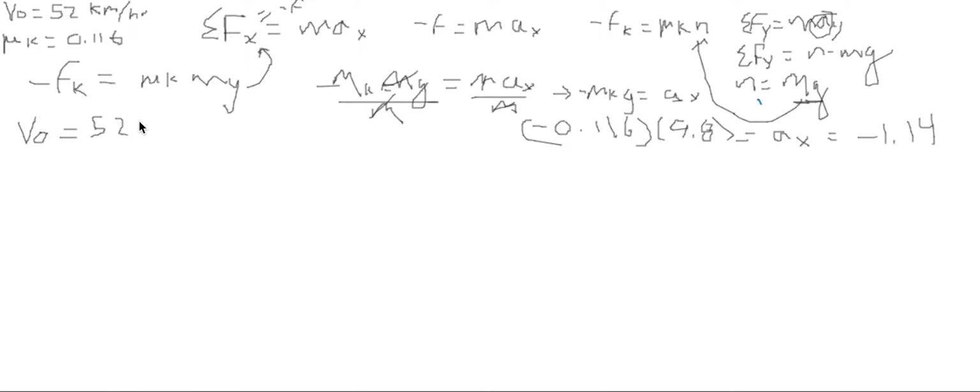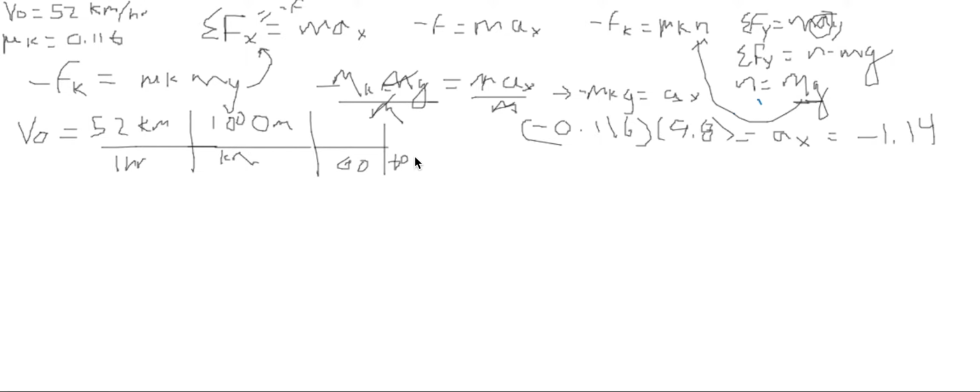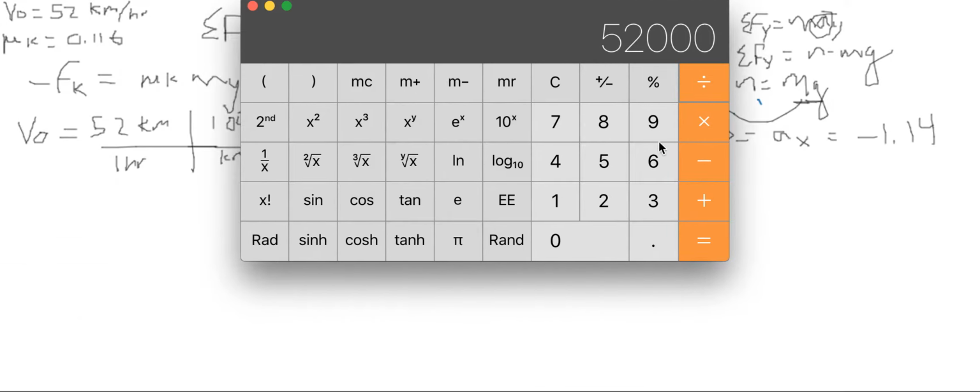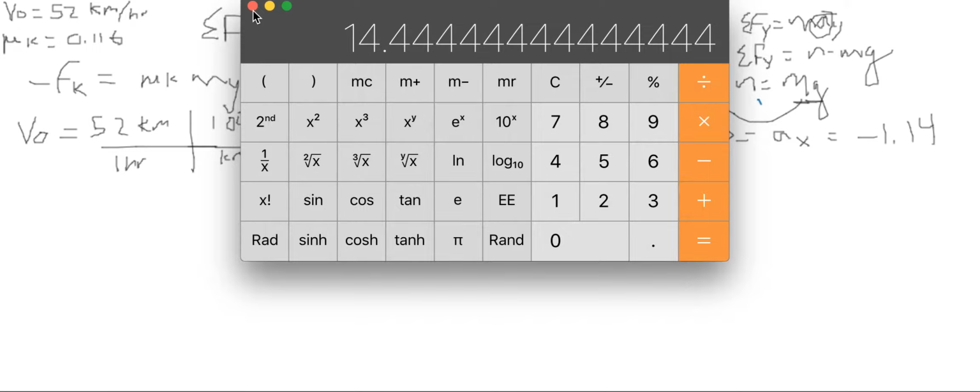So 52 kilometers per hour, for 1 hour, is equal to 1,000 meters in a kilometer, divided by 60 minutes in an hour, 60 seconds in a minute, and we end up getting 52 times 1,000 divided by 60 divided by 60, and we get 14.44 meters per second.